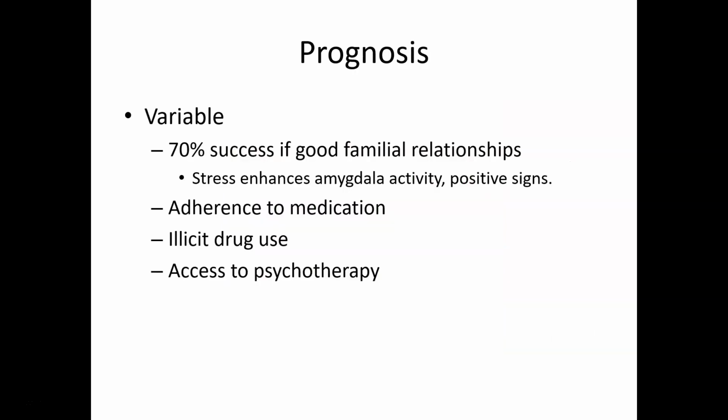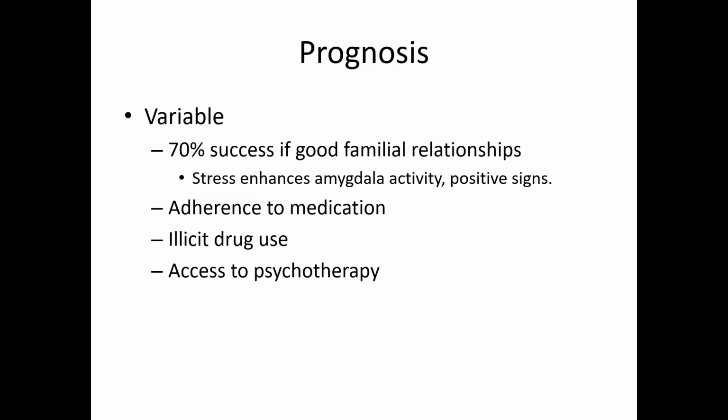So what's the prognosis if you're diagnosed with schizophrenia? Although this work is very new, the prognosis is somewhat variable, and a big factor is whether or not you have a good support system and whether or not you're sticking to your medication. This is a huge factor.